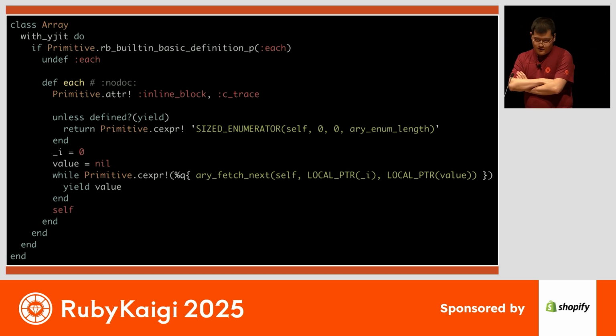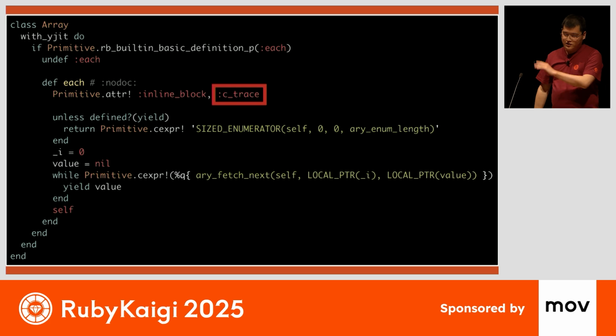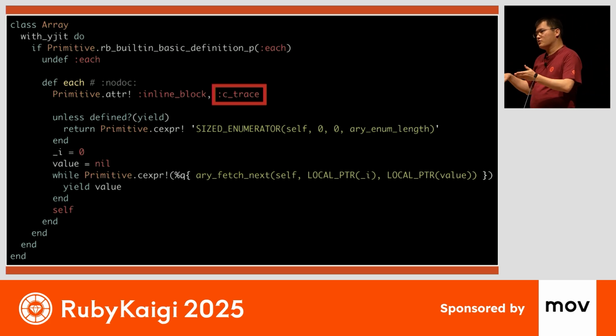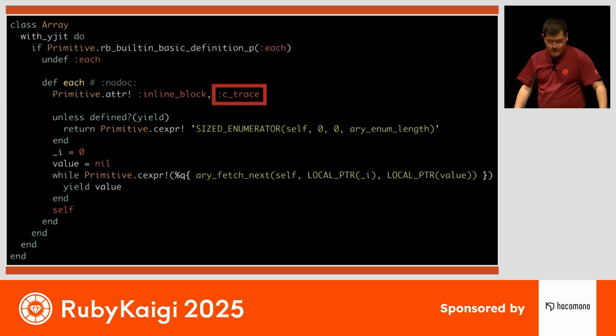And the thing I want to talk about is this one. This is new in Ruby 3.4, and it's called the c_trace attribute. This Primitive.attr! is the special syntax that's specific to the CRuby internal core classes that was developed by Koichi before.